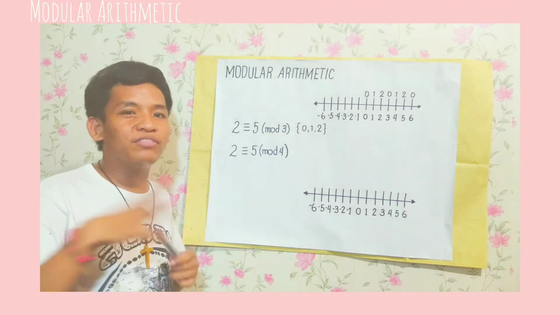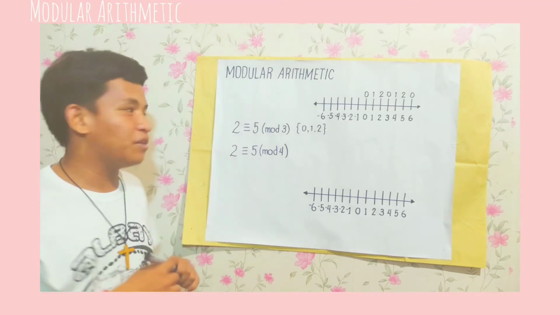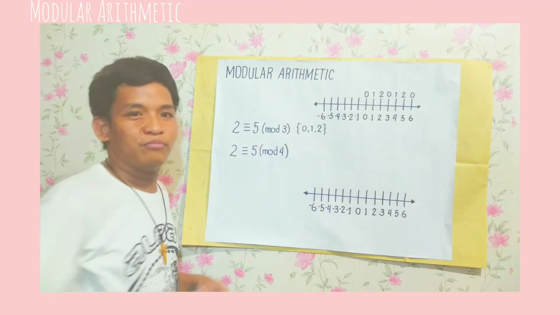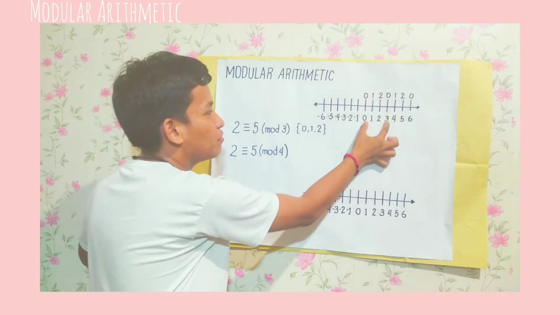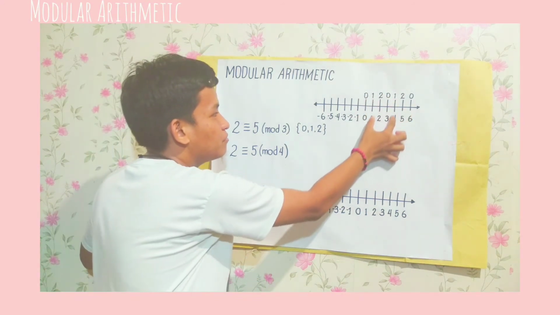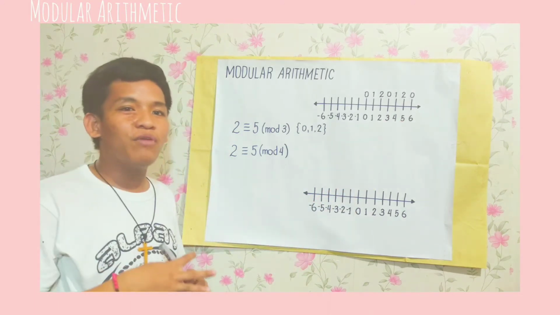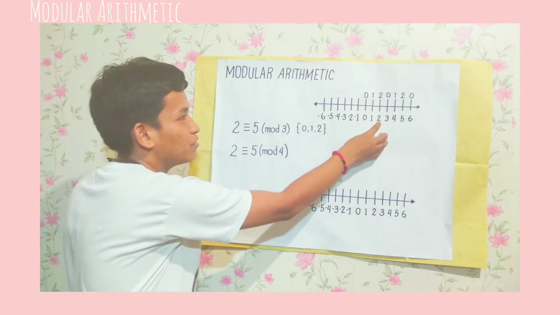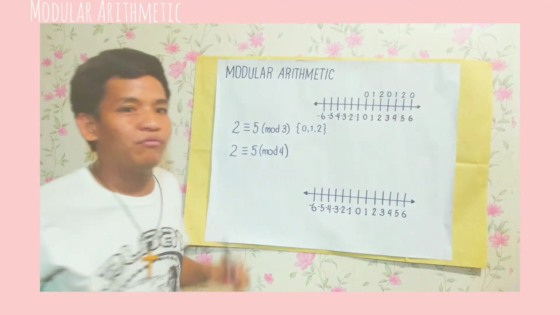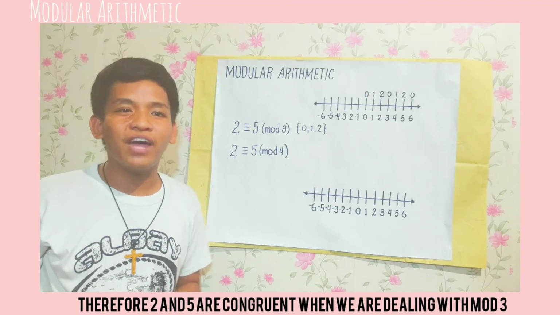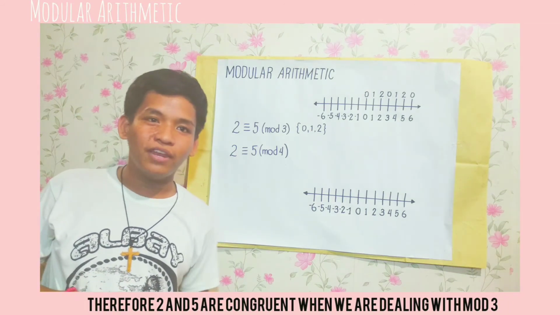We will look at mod 3, so the possible values we can have for mod 3 are the numbers 0, 1, and 2. Hence, 2 has the value of 2, and 5 has the value of 2. So therefore, 2 and 5 essentially have the same value when we are dealing with mod 3.